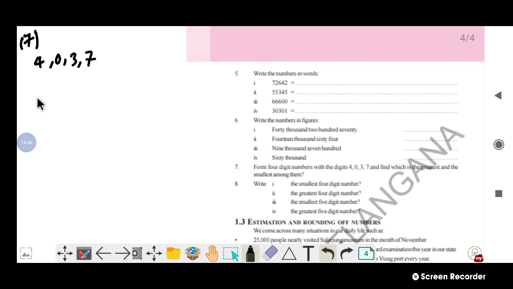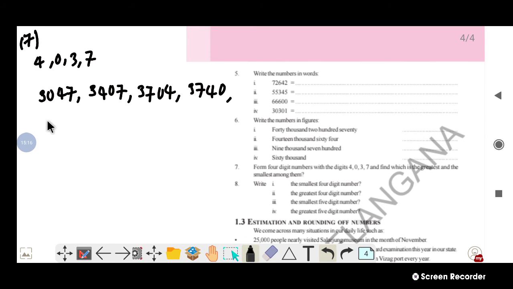Okay, shall I write the answers by combining all these numbers? So 3047. First of all, I want to write the answer 3047. 3407 and 3704. Next one, 3740.